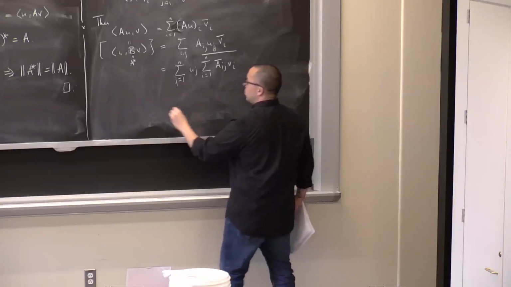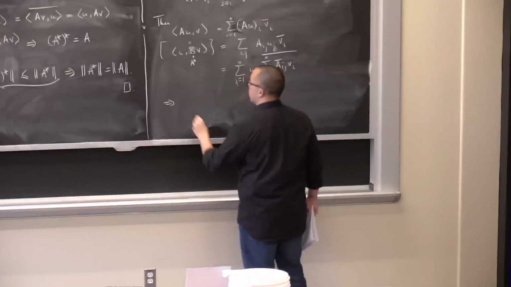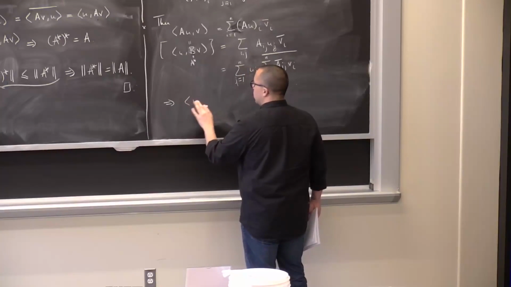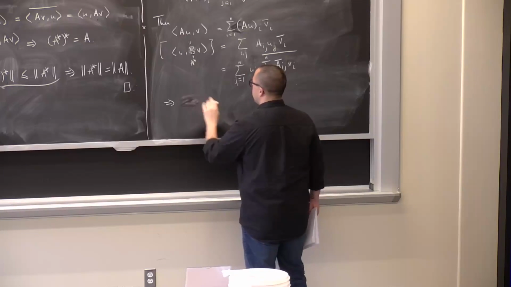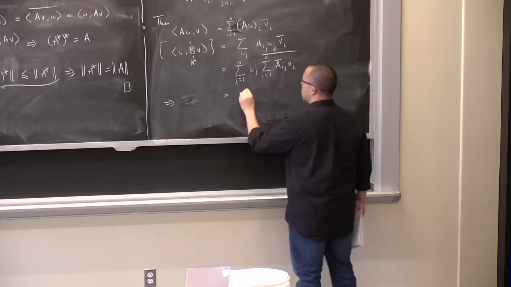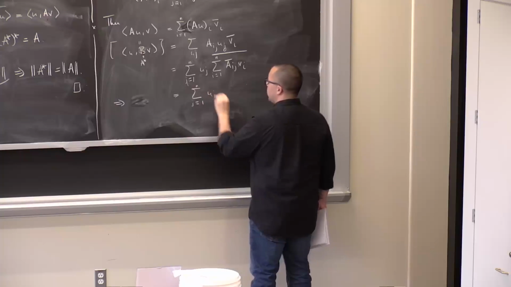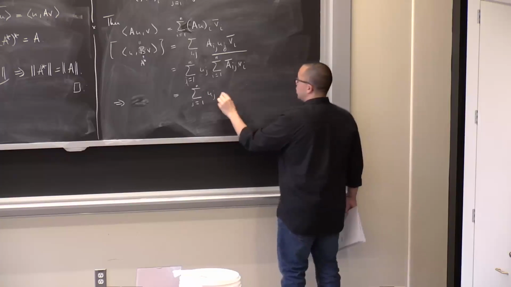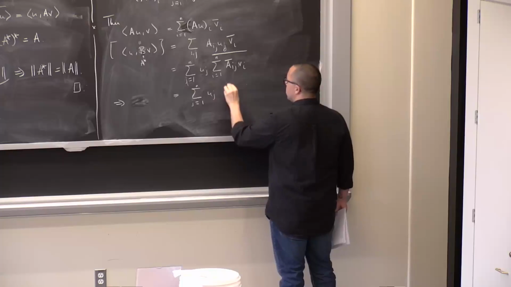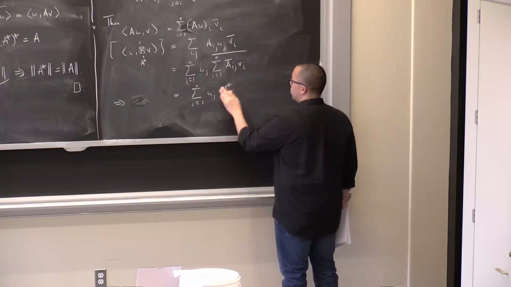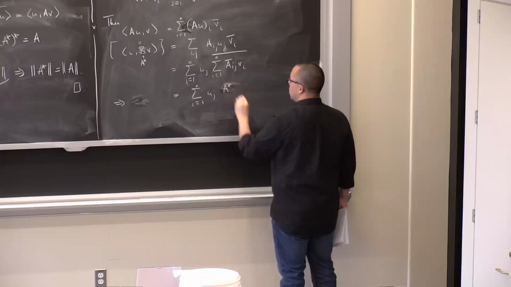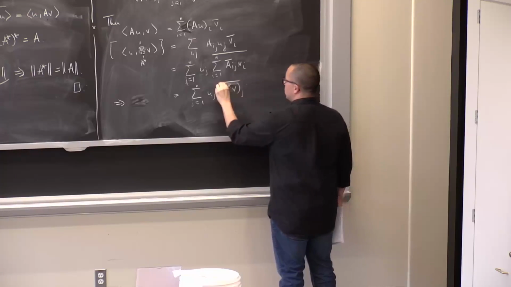And so this tells me that this is equal to the sum j equals 1 to n of U_j times what I'll call the adjoint applied to V, conjugated, at j.